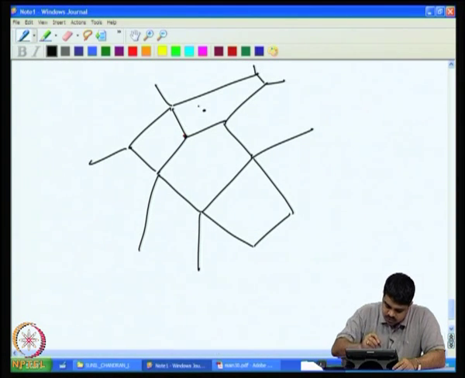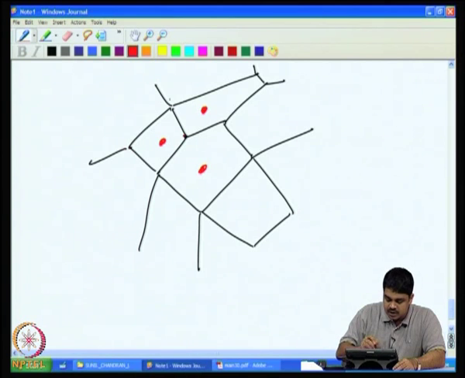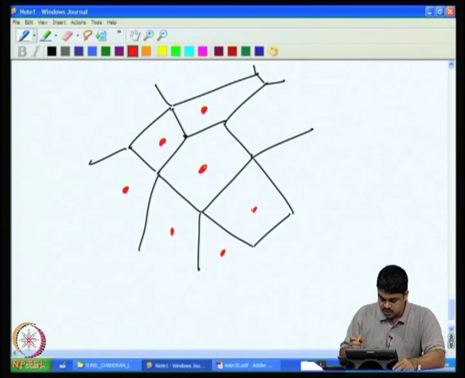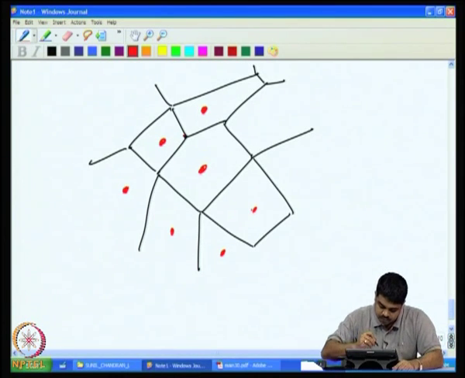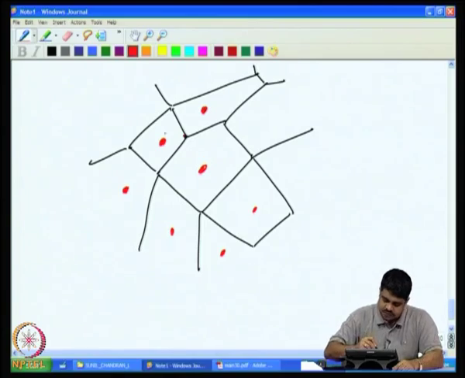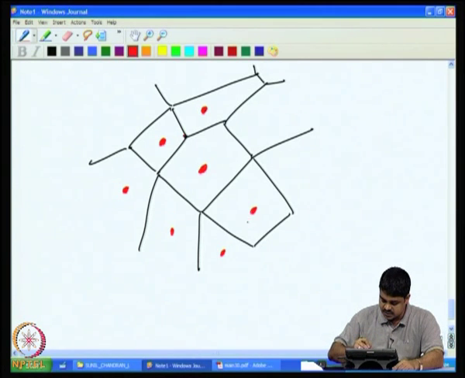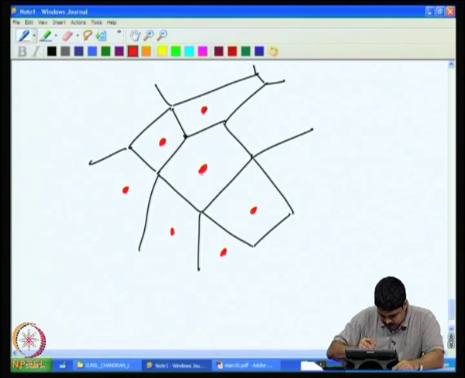I can associate a vertex corresponding to each face, so we are constructing a different graph. The original graph is the black one, and now I will construct a red graph from the original graph by this rule. Corresponding to each face, we assign a vertex.